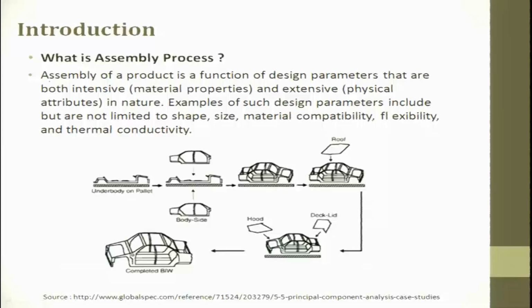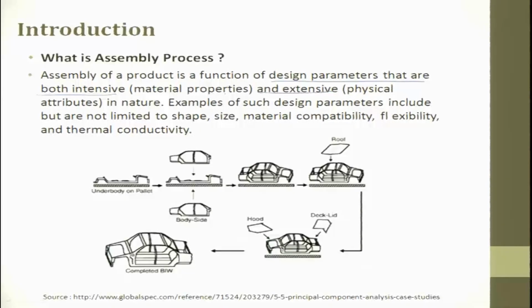What is assembly? It is a process wherein we join or consolidate a number of parts and make a single product, or a part of a single product, such that it can meet some requirements. So, assembly of a product is a function of design parameters that are both intensive and extensive.